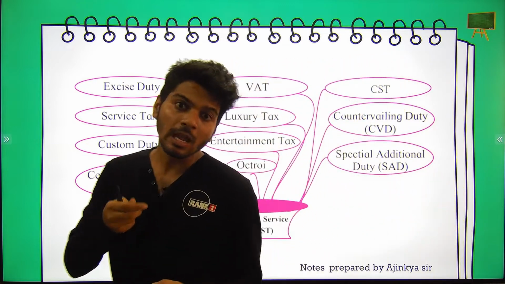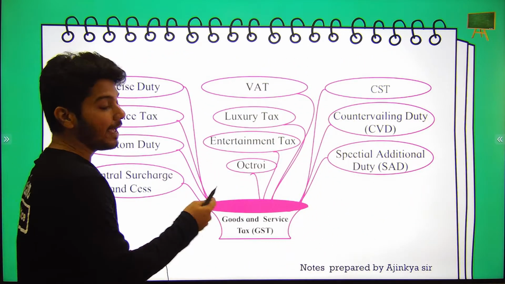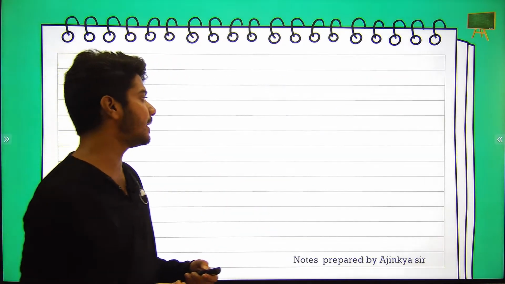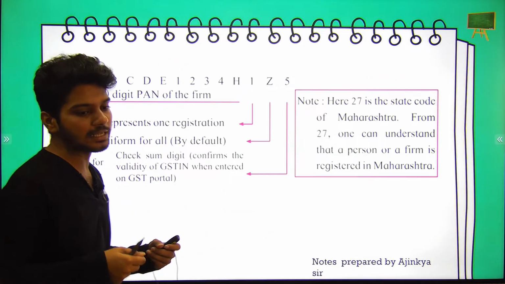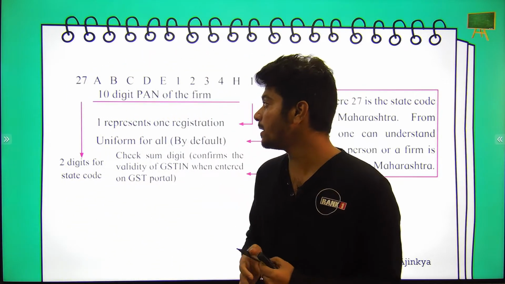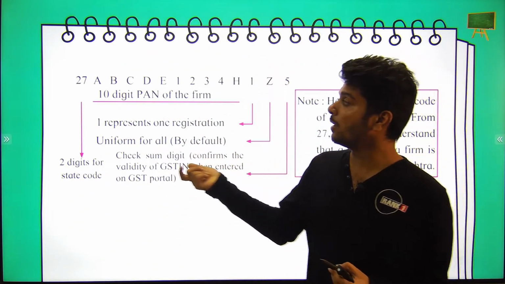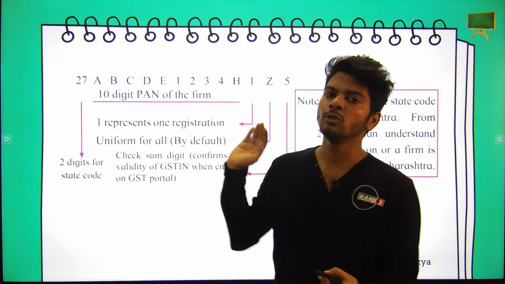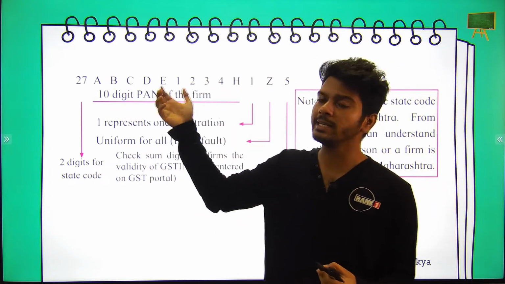Now, how is it calculated? I will discuss in detail, then we will go ahead in the lecture. Every seller will have a GST number. How does it look? These are the digits and this is the format. Nobody is going to ask you how the digits look.